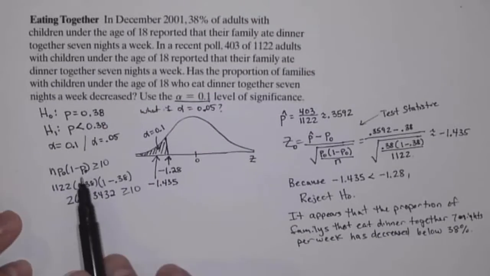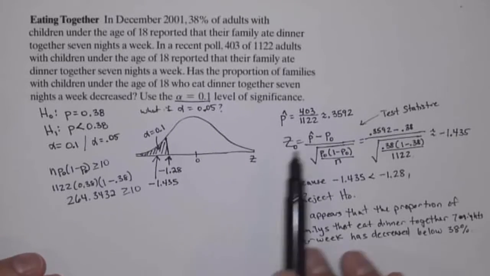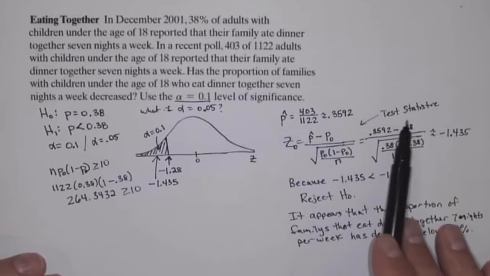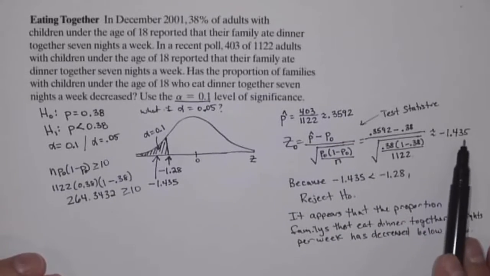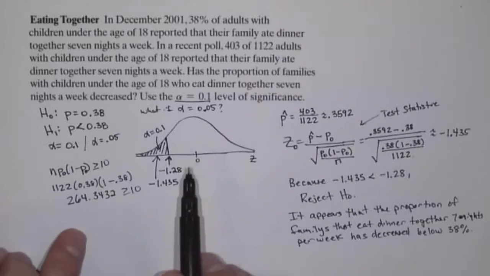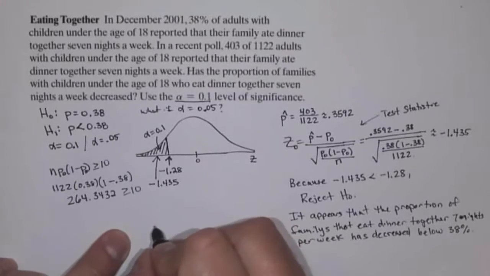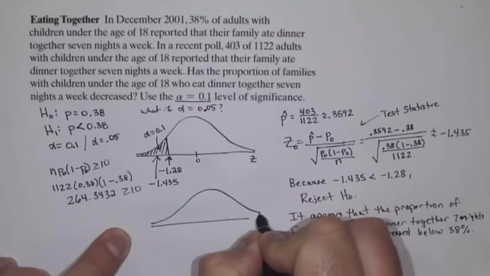If I test the conditions to do this test, I would still get 264.3432, which is still bigger than 10. I would still get 0.3592, and so on. I would still get negative 1.435 for the test statistic. All of that would be the exact same, except if I'm using alpha equals 0.05, my drawing would be different.